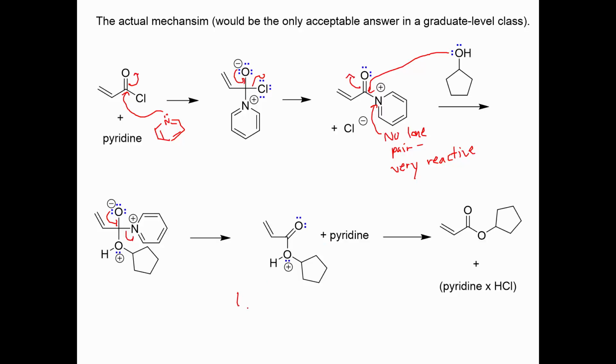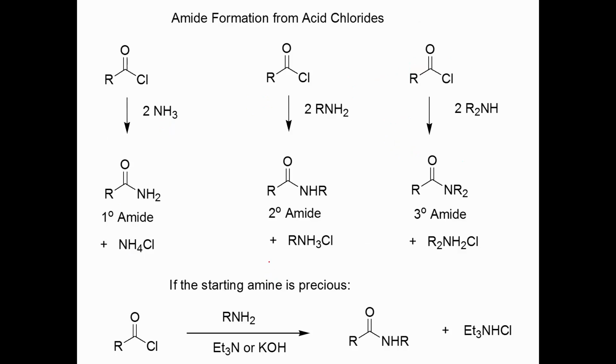Pyridine comes along, and the mechanism in the later stages is just like before, and it removes the proton. Okay, so pyridine actually has an activating effect on this reaction. It's not just an HCl absorber, but any of these mechanistic possibilities we presented probably are just fine.